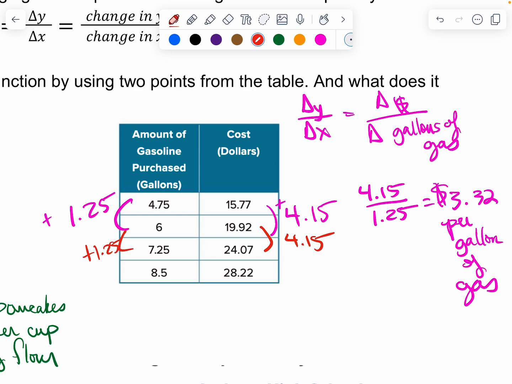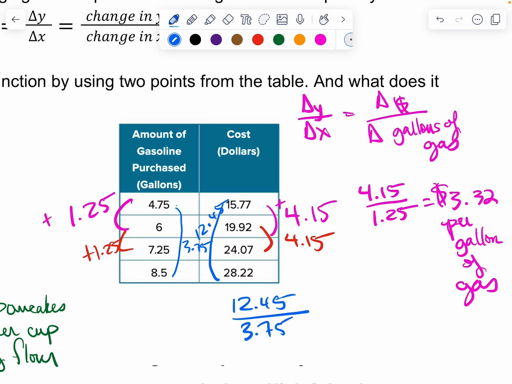I could have done from the very tippy top if I wanted to. 28.22 minus 1577, I would have gotten 12.45. So that's 1245 over, and then done from here to here, 8.5. Oh, I should have done this in my head, but that's okay. 375.